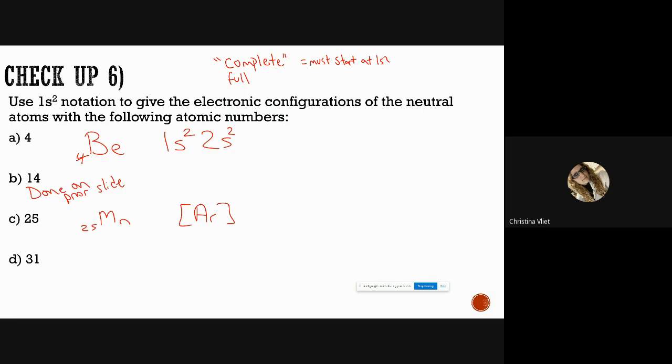Now do what? 4s2. And this is 3d. That's the trick you need to remember. D is always one less than the row of the periodic table. So manganese is 3d what? 5. So it's 4s2, 3d5. Remember that for D, the energy level is always one less than the row of the periodic table if you are using the periodic table method. 4s2, 3d5.